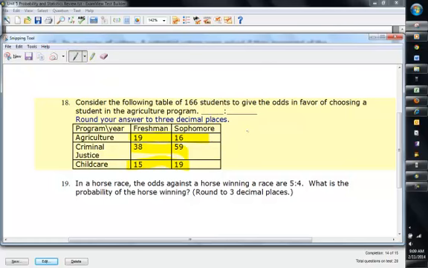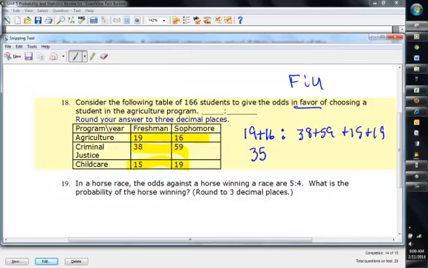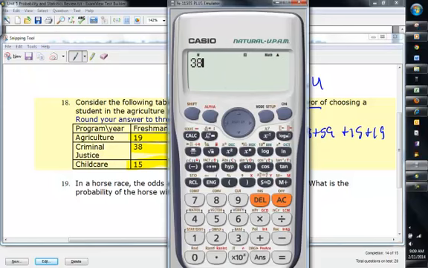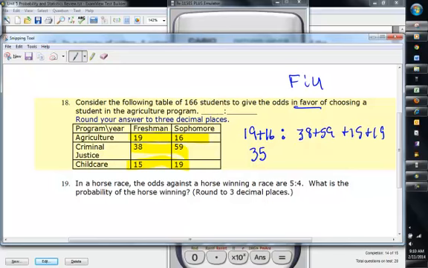So our answer is going to be 19 plus 16 to 38 plus 59 plus 15 plus 19. Odds in favor. Remember, favorable to unfavorable is what we want. So 19 and 16 is 35. And 38 and 59 and 15 and 19 is 131.